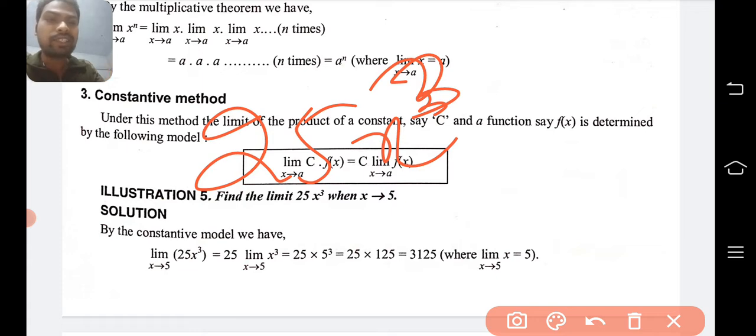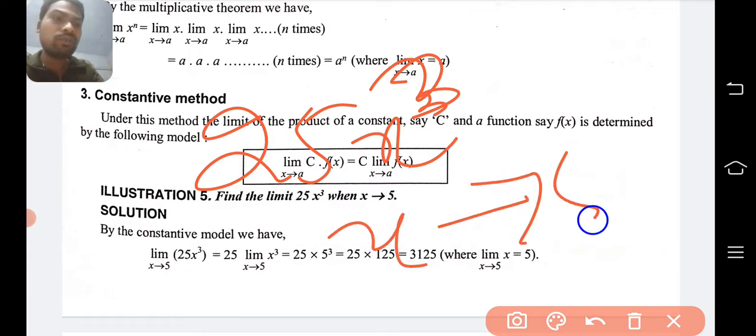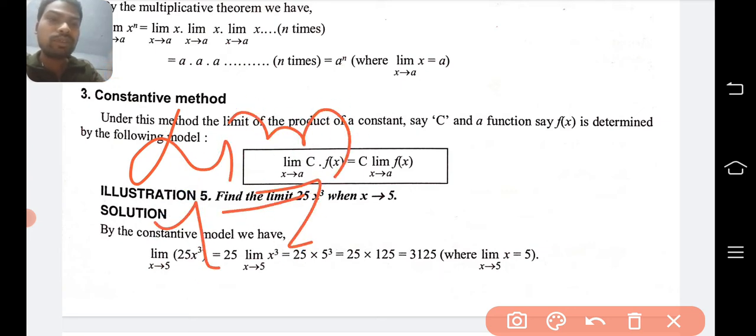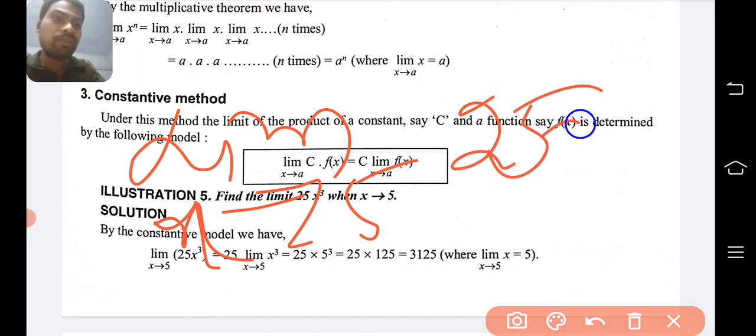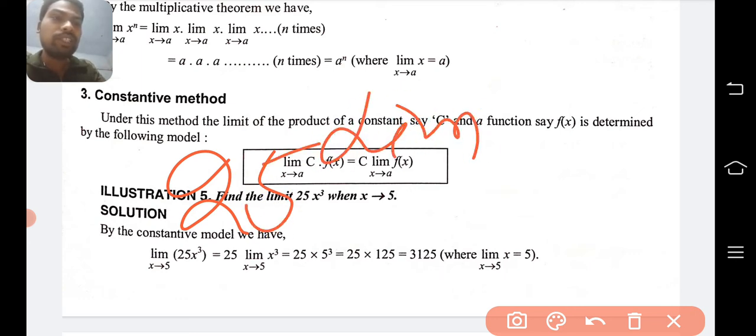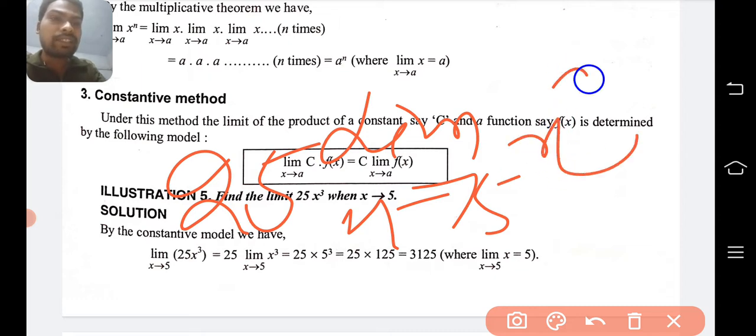If you take the limit of this, then the limit x tends to 5 of the term 25x cube. So here the constant term is what? 25. So you have to take it outside. So we can write down 25 limit x tends to 5 of x cube.